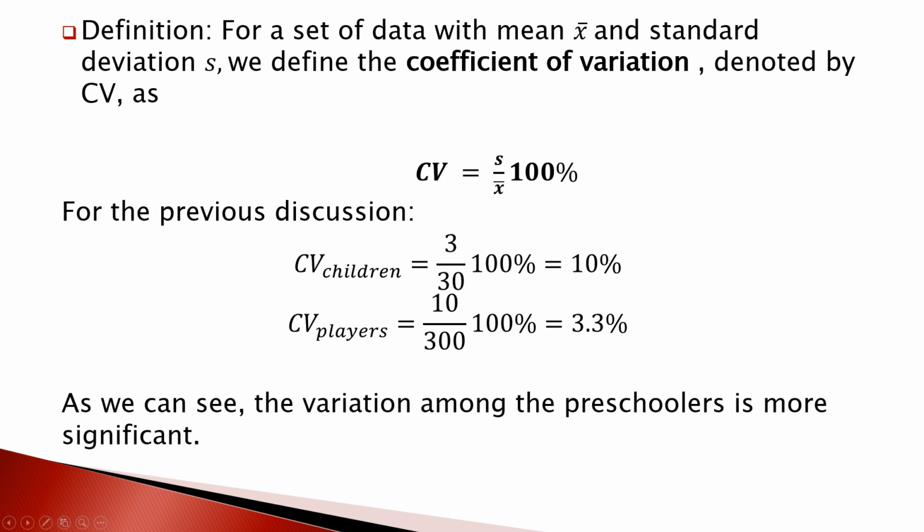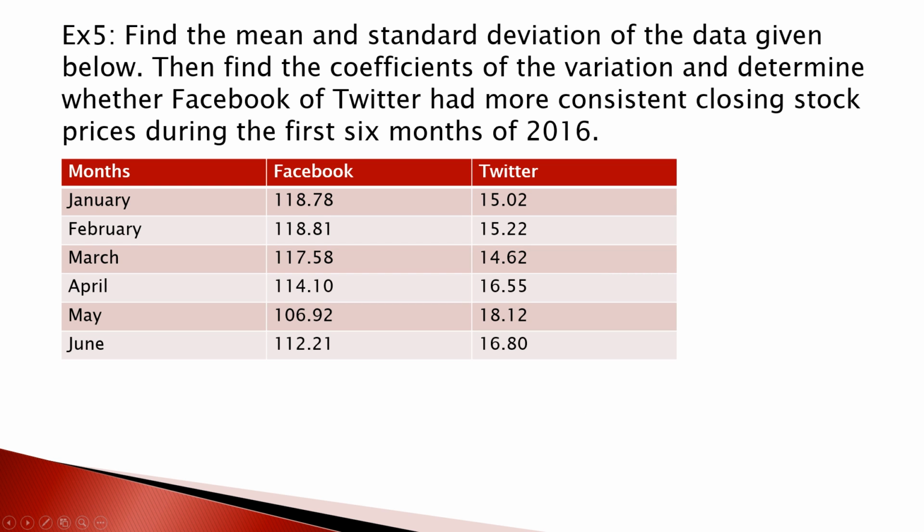That means there is 10% variation in that data for preschool children. But for the players, it's just 3.3%. So that means the variation in the preschoolers is more significant compared to the NFL players. That's the idea.